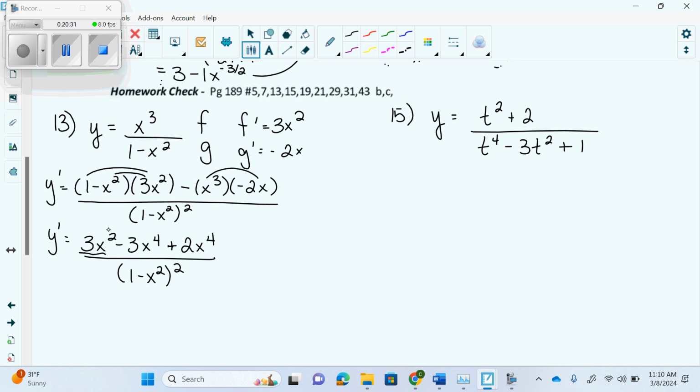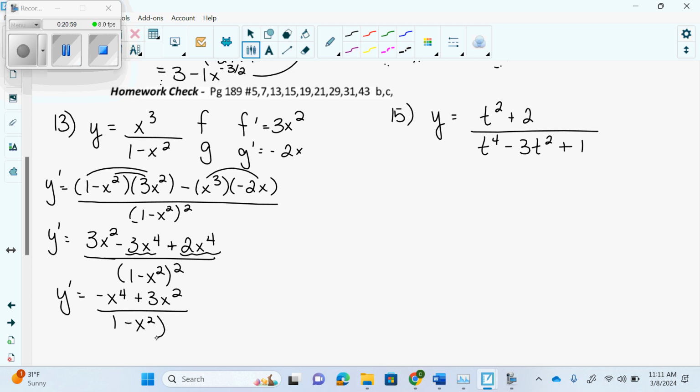Collect like terms. Nope, that was right. 3x squared. Okay, so negative 3x to the 4 plus 2x to the 4 is negative x to the 4 plus 3x squared.